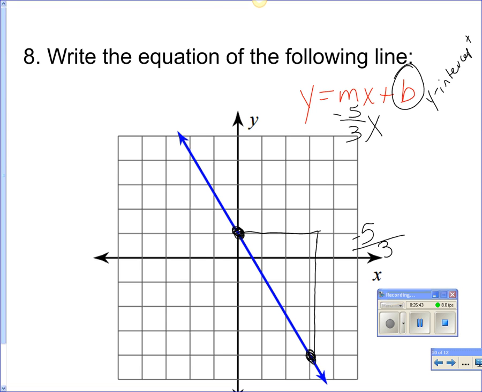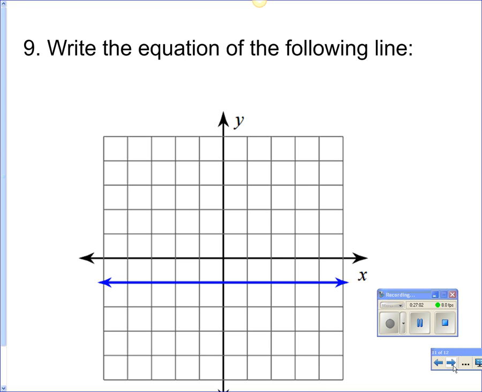Where's the blue line crossing it at? What number? 1. So I put plus 1. Y equals negative 5 over 3x plus 1. It's my final answer. Okay.